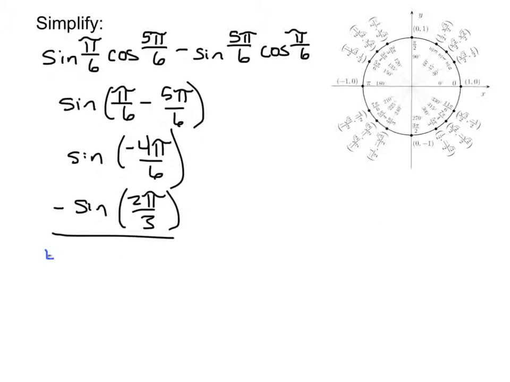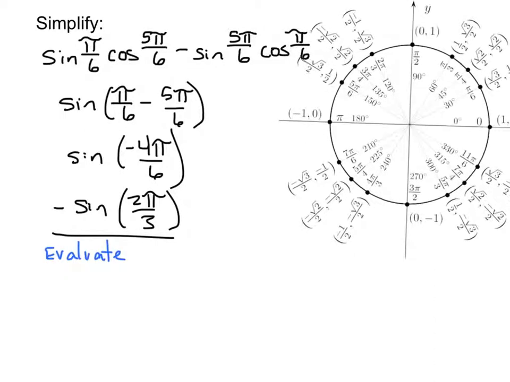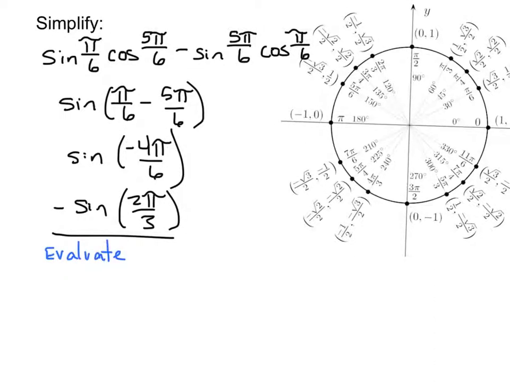Now if I ask you to evaluate that, then I would have to look at the unit circle at 2 pi over 3. The sine of 2 pi over 3 is the y value, so square root of 3 over 2. So since there's a negative out in front, this would be negative square root of 3 over 2.